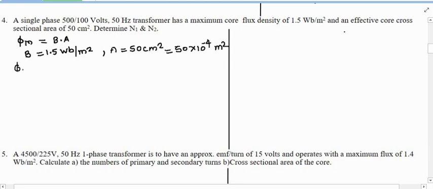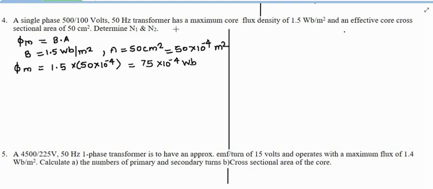So what is phi m? Put the values of B and A. Phi m will be 1.5 into 50 into 10 raised to minus 4, so it will be 75 into 10 raised to minus 4 Weber, right? So this is the flux that we got.